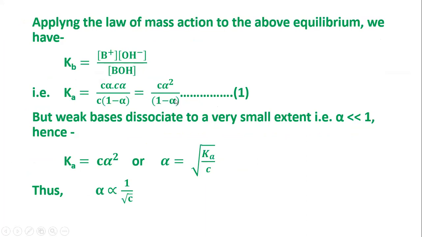So here you can ignore alpha compared to 1. If we ignore it because it is negligible compared to 1, what will happen? The denominator will have only 1, which we do not need to write. So C alpha square divided by 1, you can simply write as C alpha square.